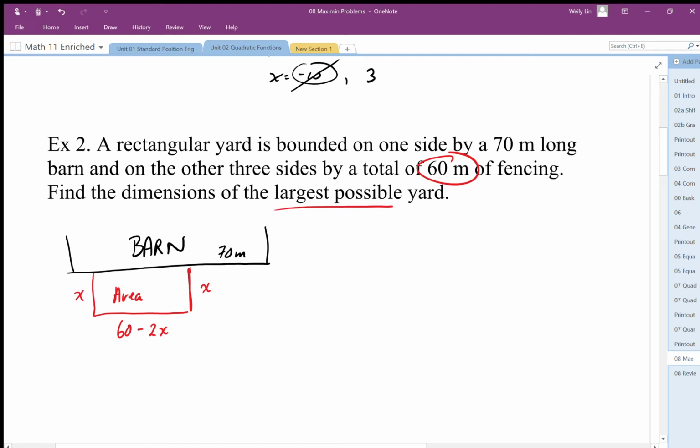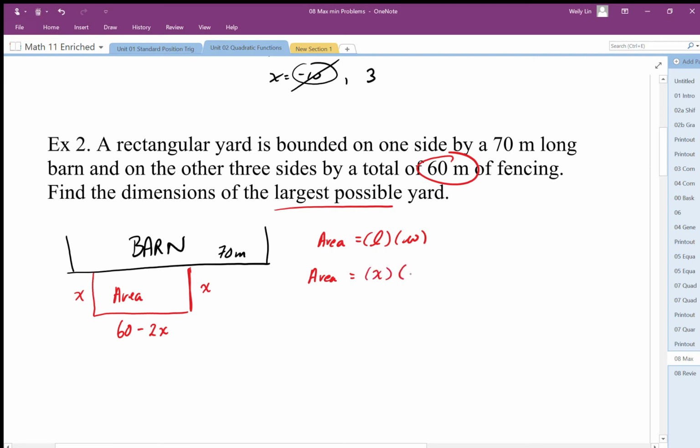So what we want to do when we do any of these max min problems is, first of all, we have to identify what is the relationship. What is it that we're trying to maximize? We're trying to maximize area. So I need an equation for area, and this equation is going to be length times width. Okay, and so I'm going to write it with the length and width that I've been given here.